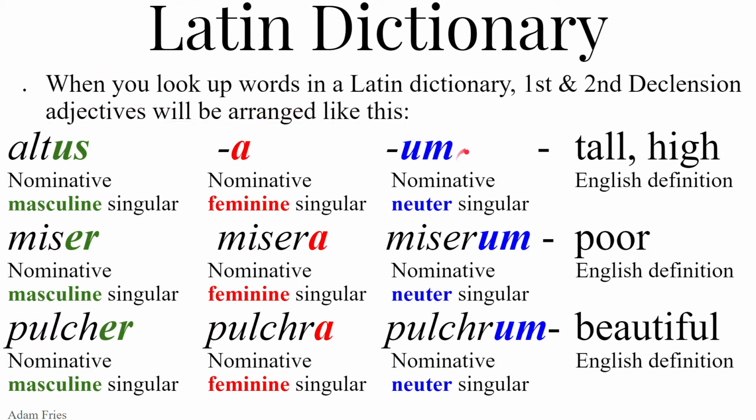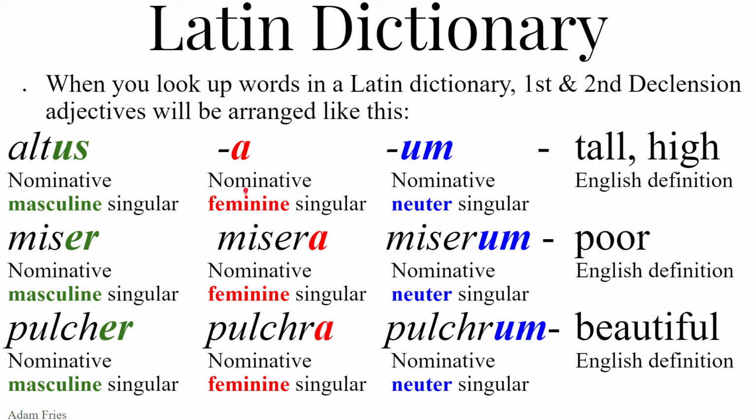So those are the us, a, um masculine, feminine, neuter guys. There are two other flavors, and they are er forms. So miser, misera, miserum, poor, unfortunate. So miser, the er here, that's the nominative masculine singular form. Then we have misera.